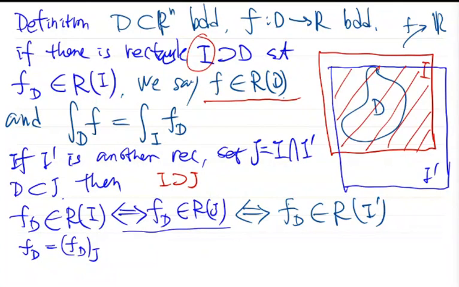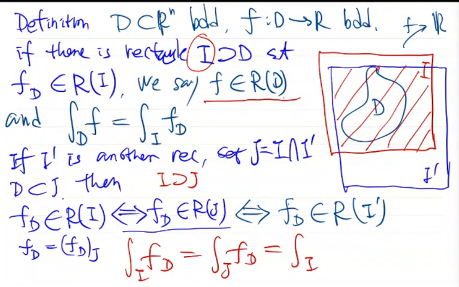Okay, and as to the value of the integral, we see that the integral of F_D over I equals the integral of F_D over J. And again, this is equal to the integral of F_D over I prime.